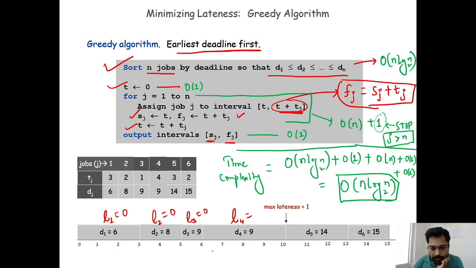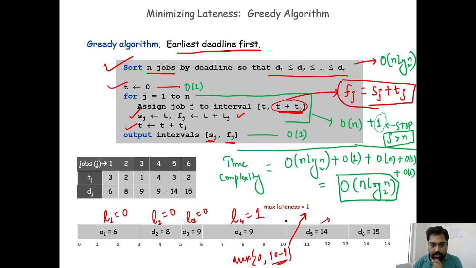So 6 plus 4 is 10. Here 10 is greater than the deadline, which is 9. As per the formula, maximum of 0 comma 10 minus 9, which gives 1. So here the maximum lateness till date we found is 1.